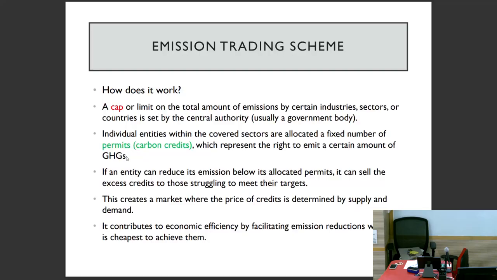If you want to reduce the overall carbon emissions of the region, then the allowance distributed to all the companies, the total allowance, must be smaller than the total emissions. So it sets the targets of emissions, and the target must be lower than the business as usual emissions.